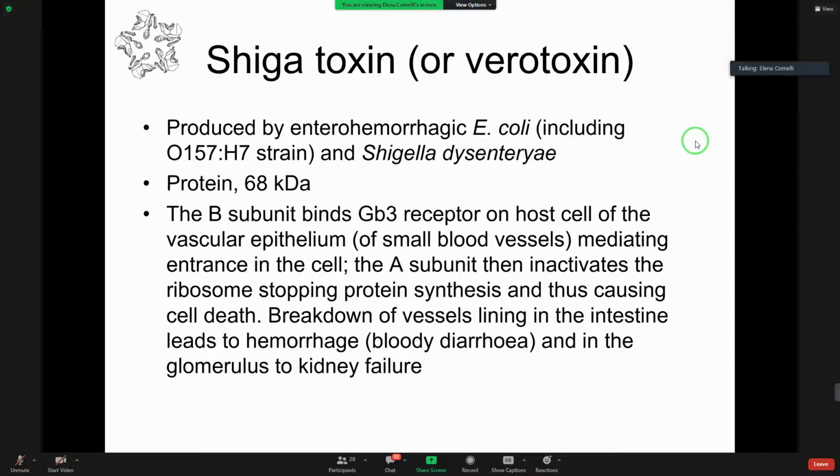So the consequence is the death of the cell. Because these are cells of the vessels, so the vascular epithelium, the breakdown of the vessel lining is what results. And in the intestine, this leads to hemorrhage, so blood in the stools. On the other hand, in the kidney, when this happens in the glomerulus, which is the filtrating unit in the kidney, this leads to kidney failure.